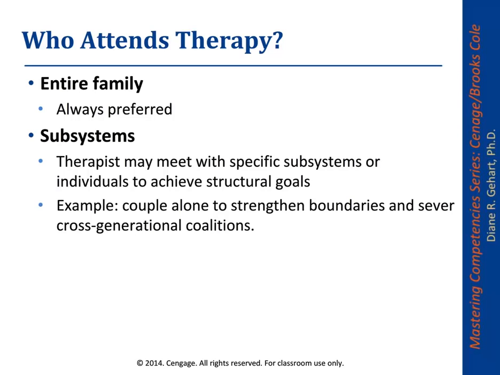For example, if there's not sufficient parental hierarchy, you would often work with just the parents alone to help create a clearer boundary and to help them work on developing an appropriate hierarchy. You can also do this to sever cross-generational coalitions that we'll talk about. So meeting with the subsystems individually, either the couple or whatever configuration, the kids alone, is done in this approach in order to achieve specific structural ends.